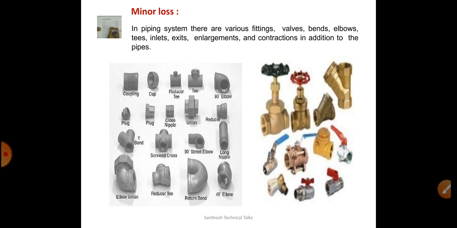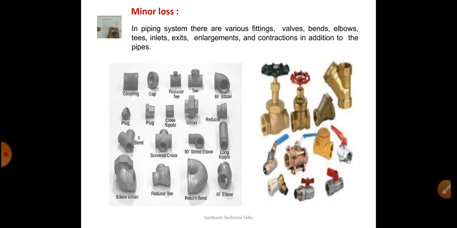So next is minor loss. In a piping system, we know that we can't manufacture a straight long pipe of infinite length. So we are going to make pipe joints or couplings, pipe fittings, valve bends. We cannot make the pipes always straight.